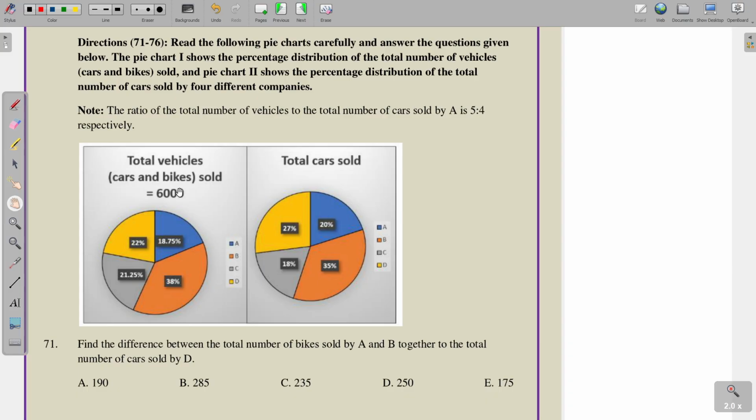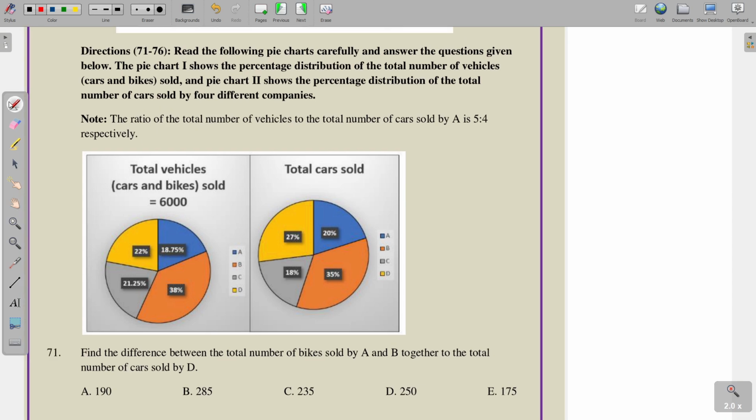In that, 6,000 total vehicles, 18.75 percent are the total vehicles from city A. 18.75 percent of 6,000 is 1,125.